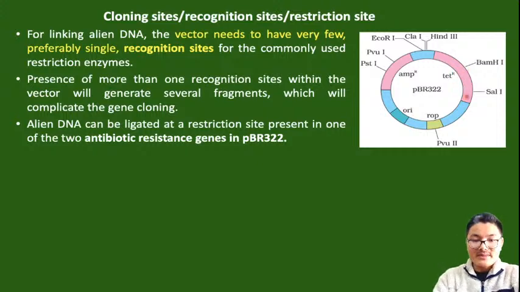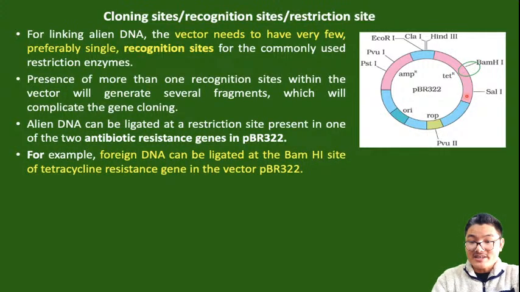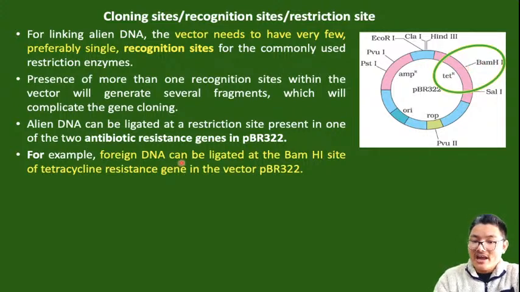For example, if we have to join our alien DNA at this position using BamHI, then foreign DNA can be joined or ligated with the help of BamHI sites, where we are now inactivating the tetracycline resistance gene.